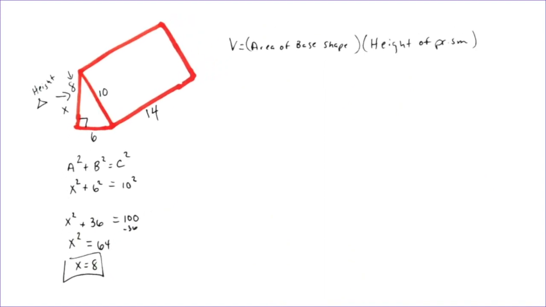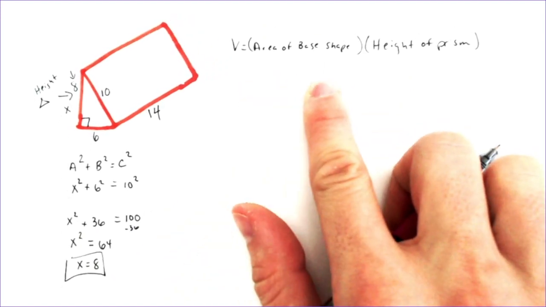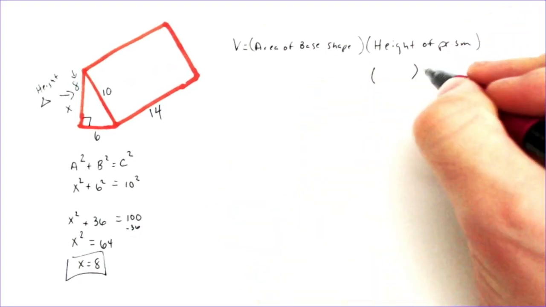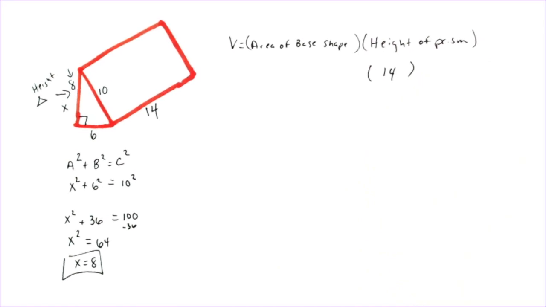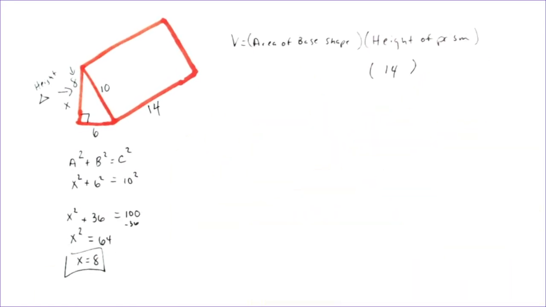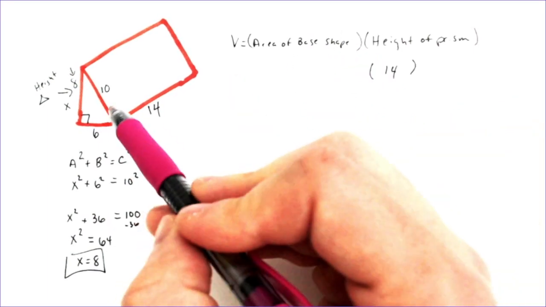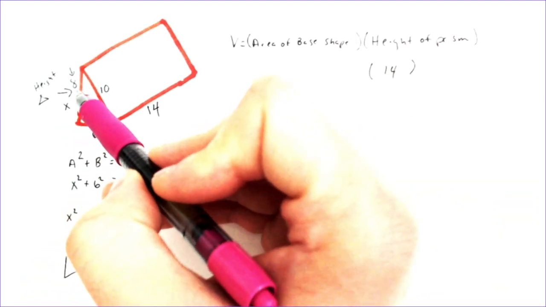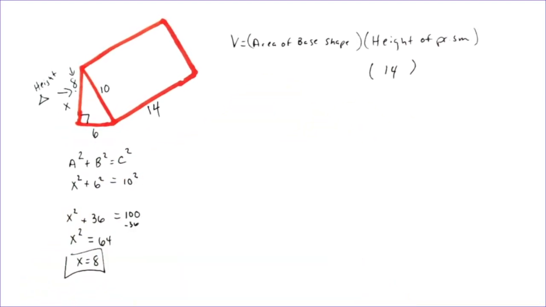So we have the area of the base shape, we haven't even found that out yet, times the height of the prism. We do have the height of the prism. We can fill that in as 14. But the volume needs the area of the base shape, so we need to find the area of this triangle, which was the entire reason we had to find that 8 out.